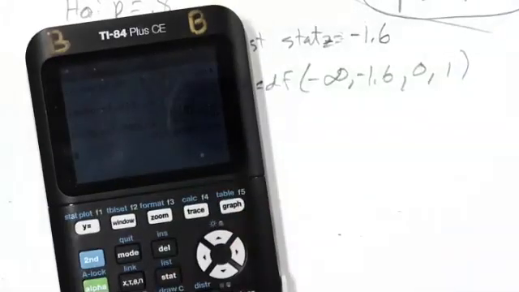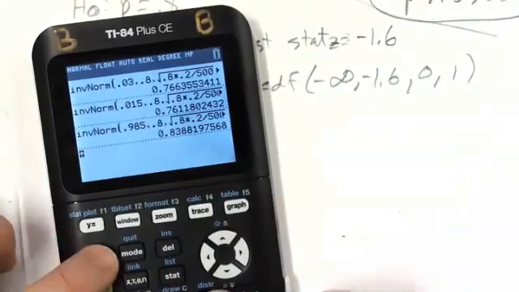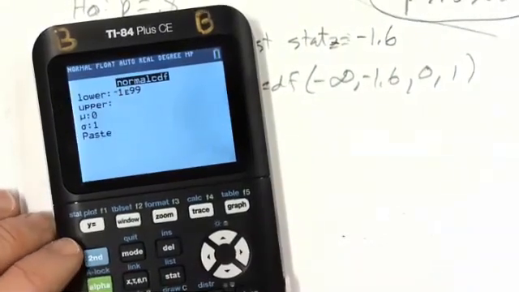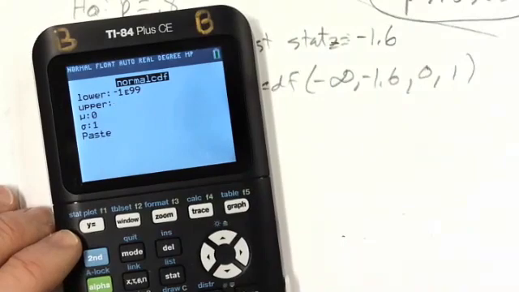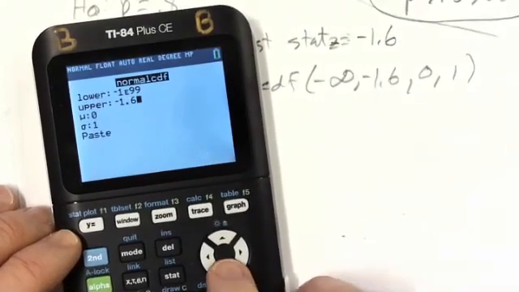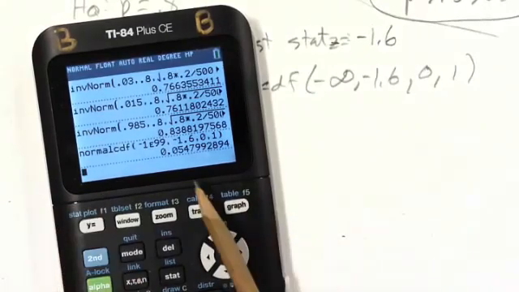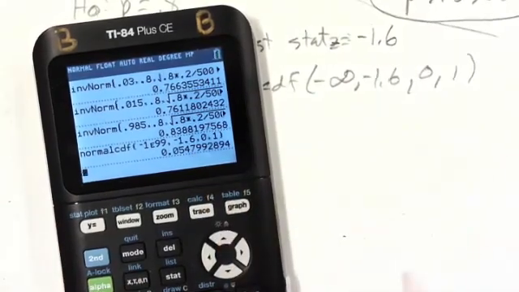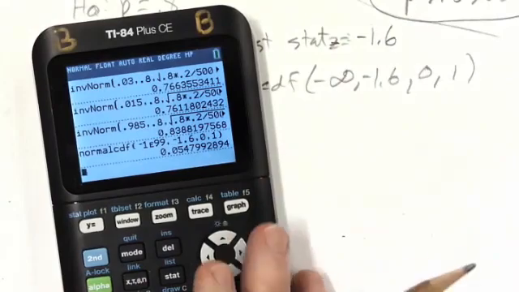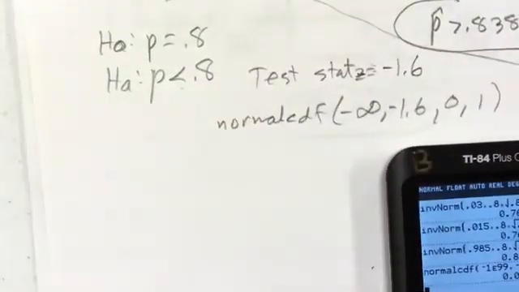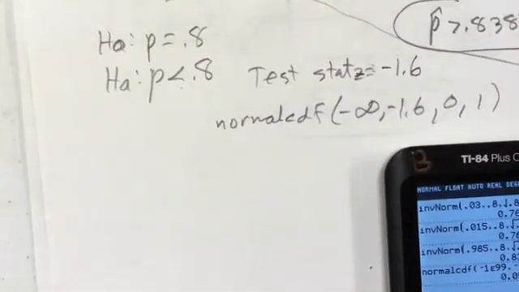And so your p-value would be normal CDF, negative infinity to negative 1.6, mean of 0, standard deviation of 1. And so that would be your p-value. So that would be just above your alpha, so you would not reject your null.